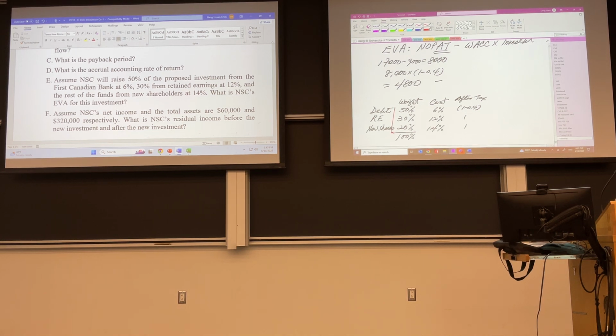So now we do the calculation. The effective interest rate for the debt is not 6%. It's 0.018, 1.8%.